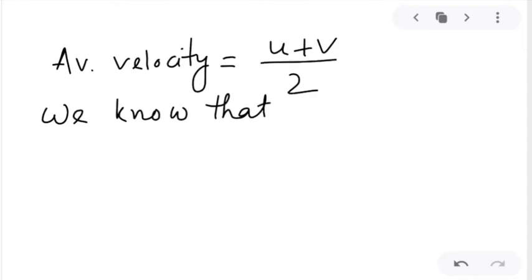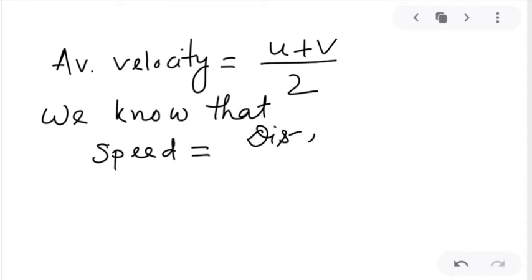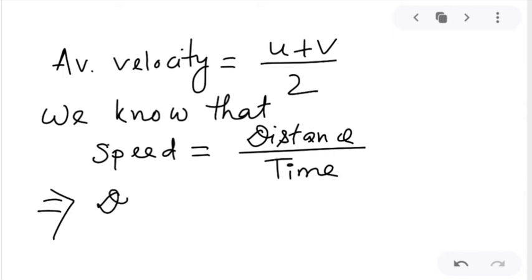We know that average speed equal to distance divided by time. This is the definition of speed. Now what is the distance from this? Distance equals speed into time.